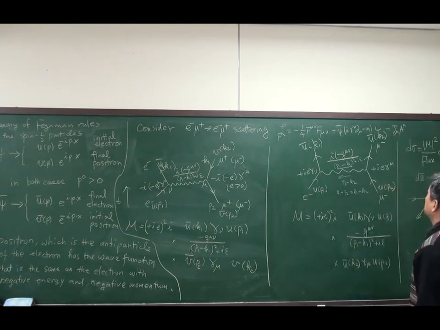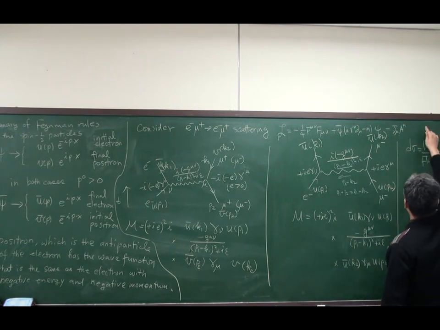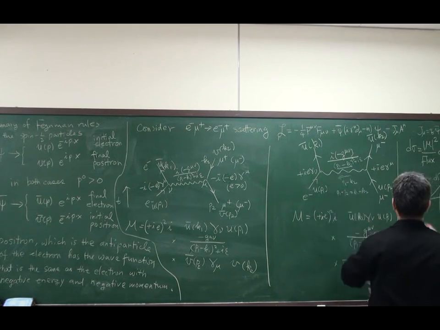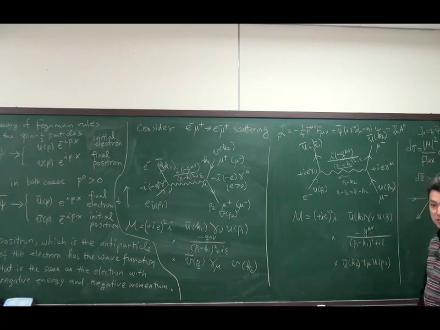this current, right? And the current was Q psi bar gamma mu psi, okay? And the Feynman rule for the current is a minus I something, right?